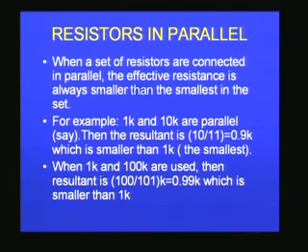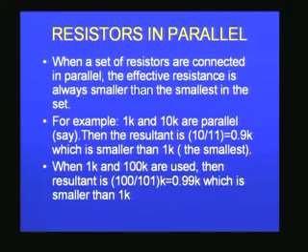Instead, if I use 1K and 10K, that is 1000 ohms and 10,000 ohms, then the resultant is 10 into 1 by 10 plus 1, that means 10 by 11, which is equal to 0.9K approximately, and that means smaller than the smallest of the 2 resistors that I used in this circuit, which is in this case 1K. So 0.9 is less than 1K.